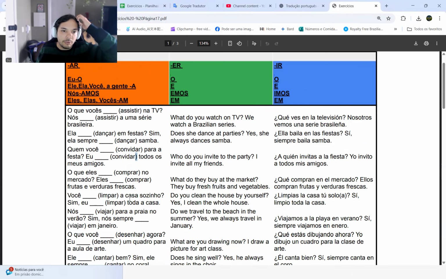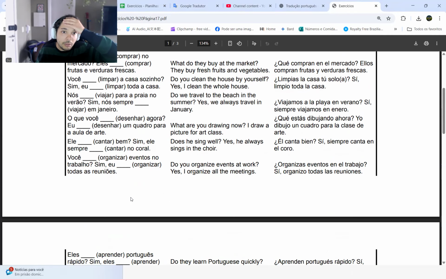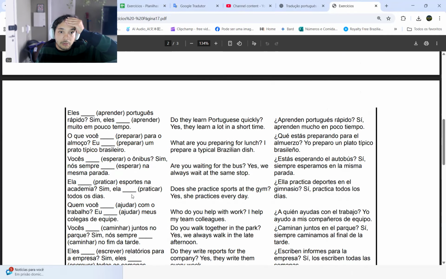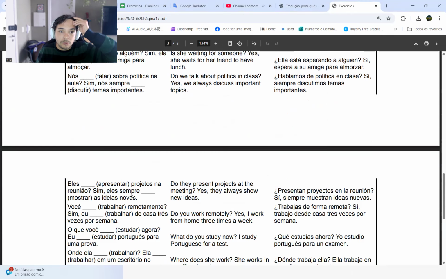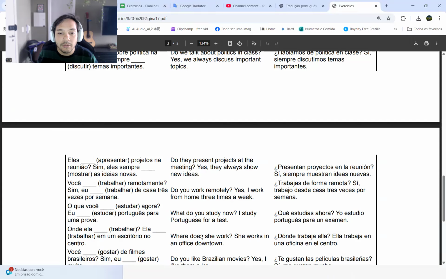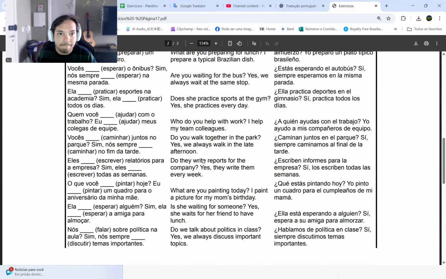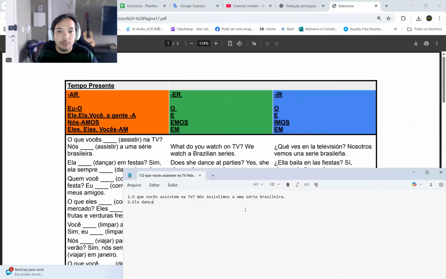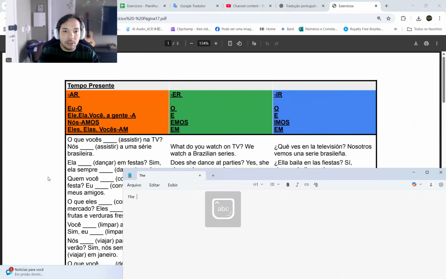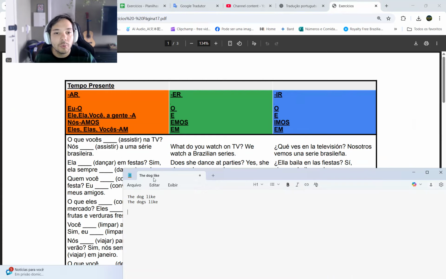Let me just show you something here. Let's say they have the pronoun, but let's say if they talk about the dogs, né? Then, let's say dogs, the dog likes, and the dogs like also. So dog means cachorro in Portuguese.